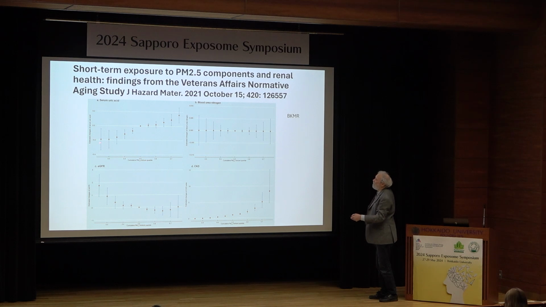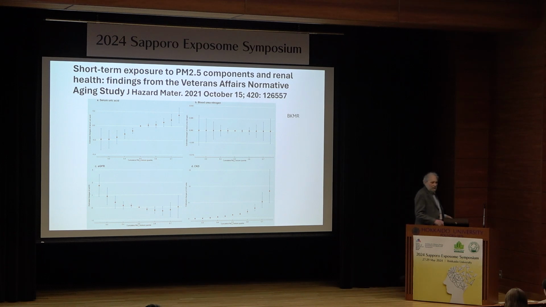You can see for serum uric acid as the mixture quantile goes up, uric acid goes up, the risk of chronic kidney disease goes up, and there's a bit of a drop in GFR, but nothing with BUN. Okay? That's the overall effect.